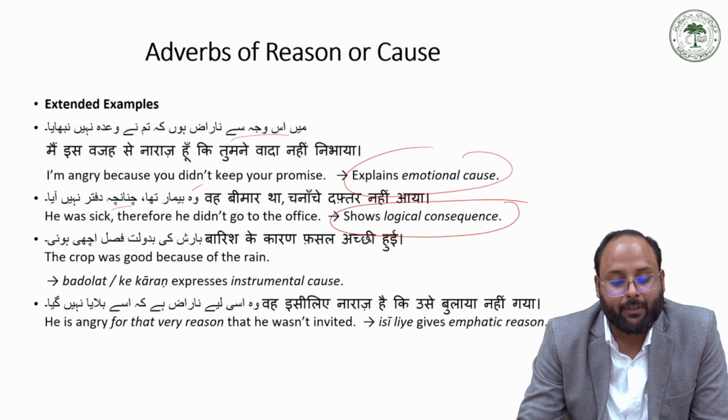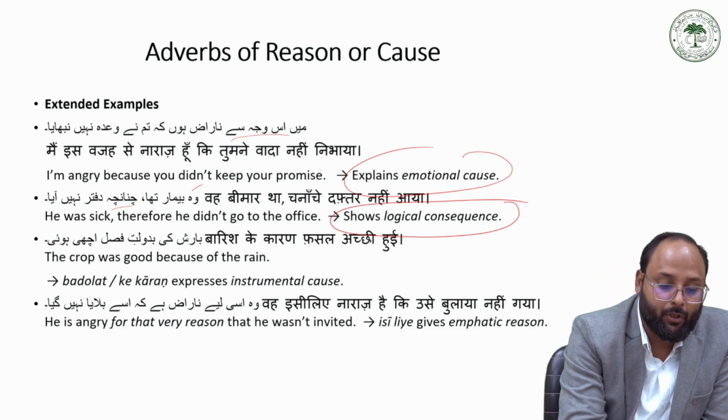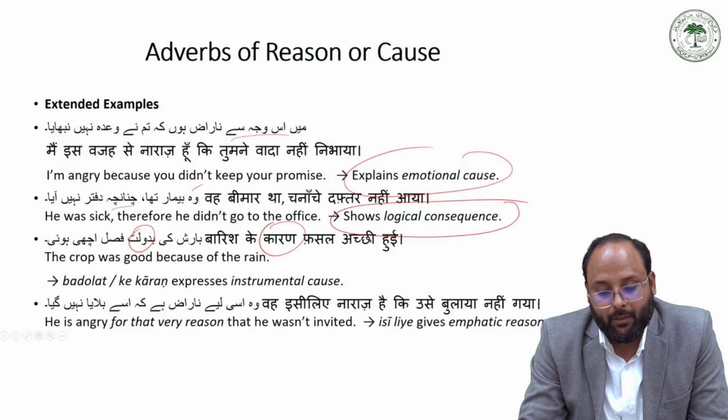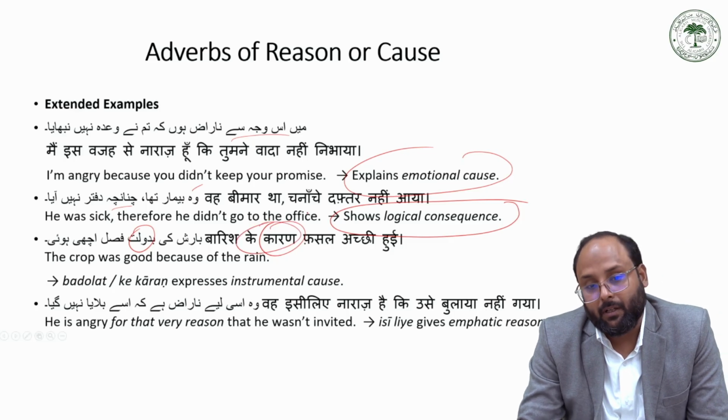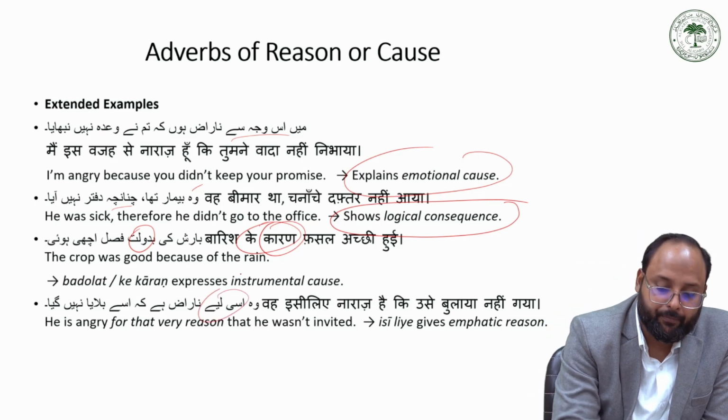And बारिश की बदौलत फसल अच्छी हुई. So here it gives the meaning of बदौलत and के कारण, it explains the meaning of instrumental cause. So this is the बदौलत, or the के कारण, the instrumental cause. वो इसलिए नाराज है कि उसे बुलाया नहीं गया. So it gives the meaning of emphatic reason, that is the इसलिए.